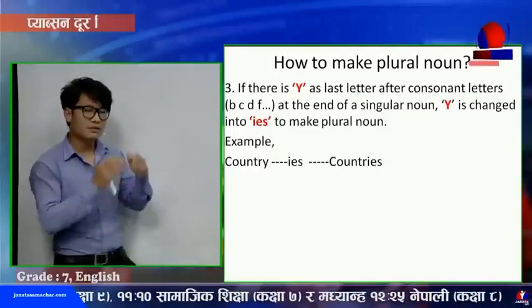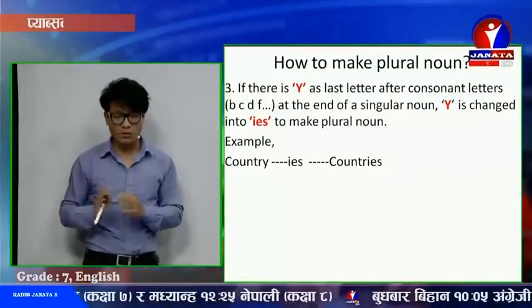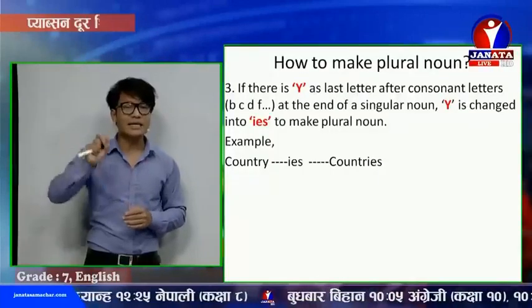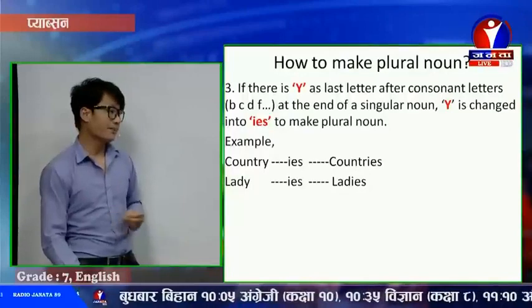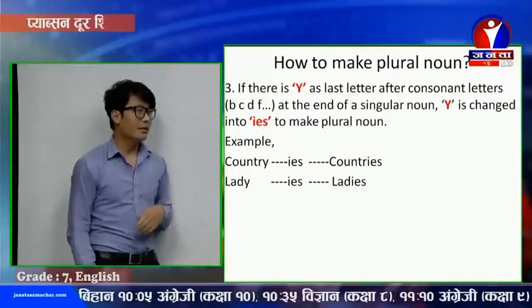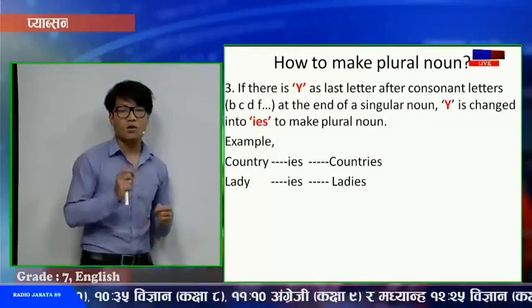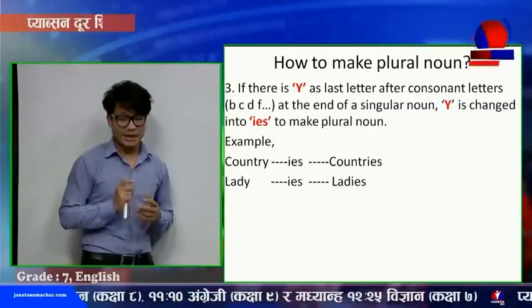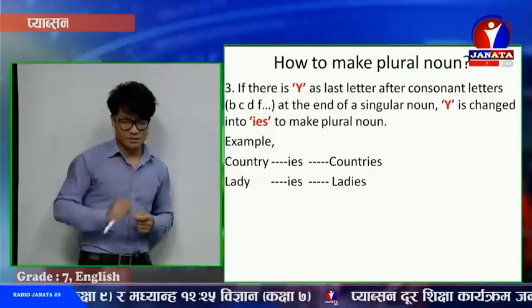C-O-U-N-T-R-Y, this singular countable noun becomes C-O-U-N-T-R-I-E-S, countries. Next, lady. L-A-D-Y, lady. Obviously before Y there is a D, and D is a consonant letter. So lady becomes ladies. Lady, ladies.